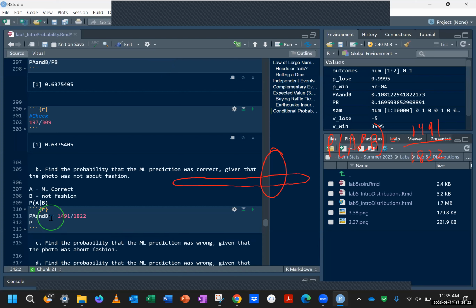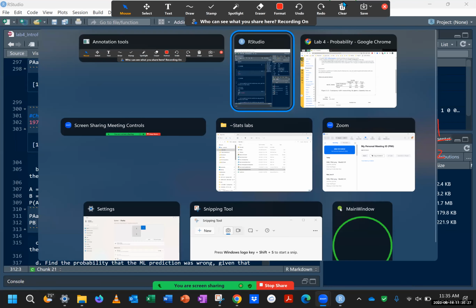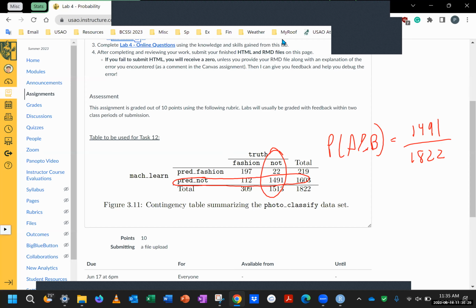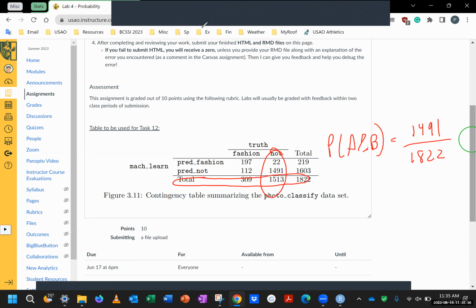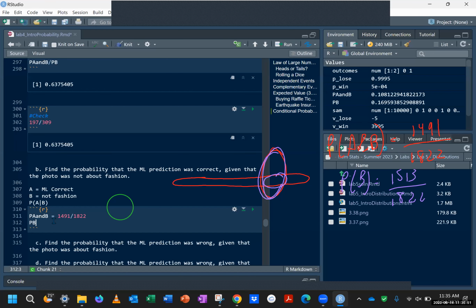Now let's look at the probability of B. Probability of being not fashion. Not fashion would be just these cases here. So how many are not about fashion? It is 1513 divided by 1822. So back here, equals 1513 divided by 1822.